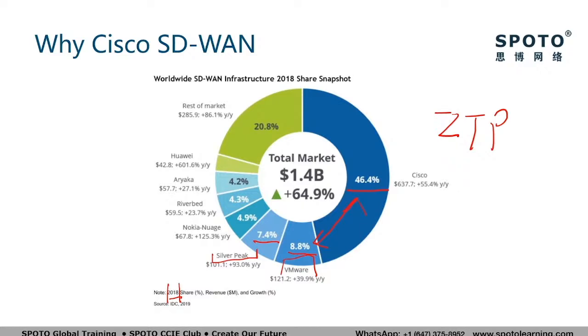Cisco's SD-WAN is developed by a company called Viptela, which was founded by former Cisco employees. Cisco completed its acquisition of Viptela on the 1st of August 2017.